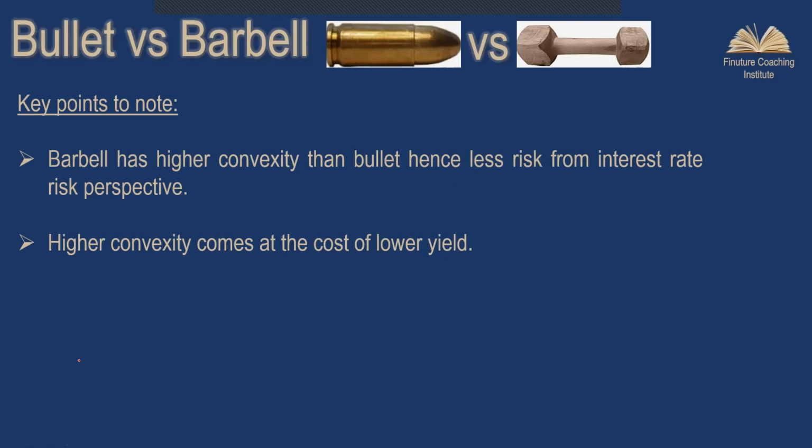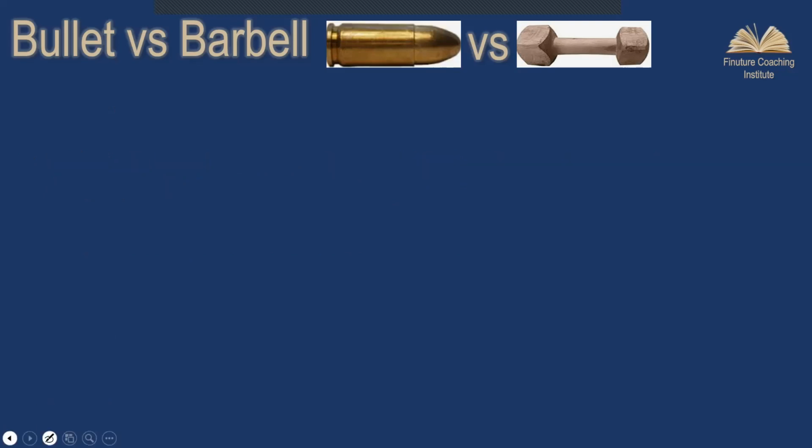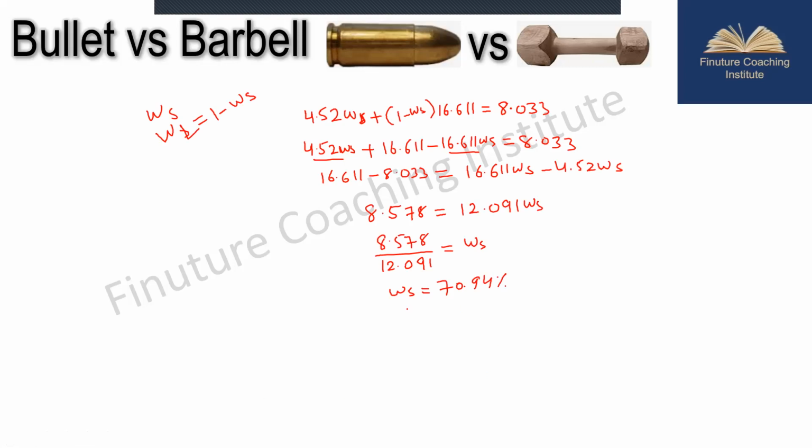What you can do is, let me explain, because in text form it may not be clear. If this is WS, then your WL would be equal to 100 minus 70.94, which would be approximately 29.06.